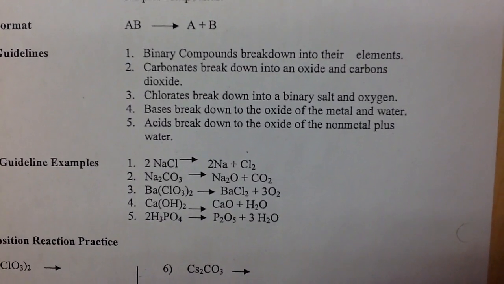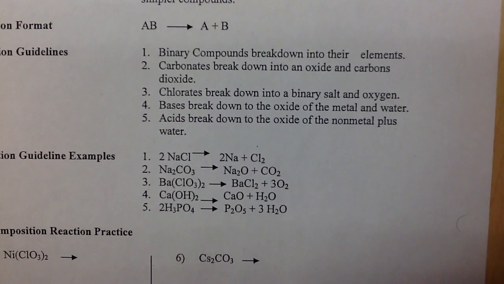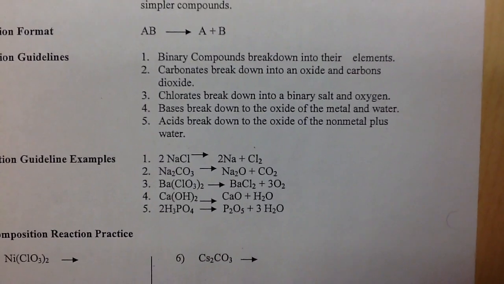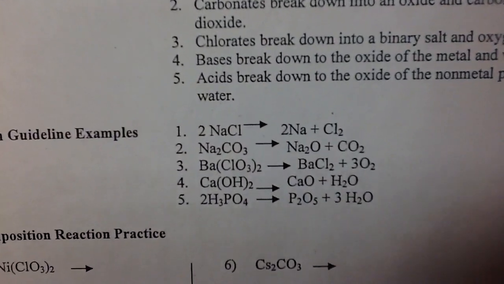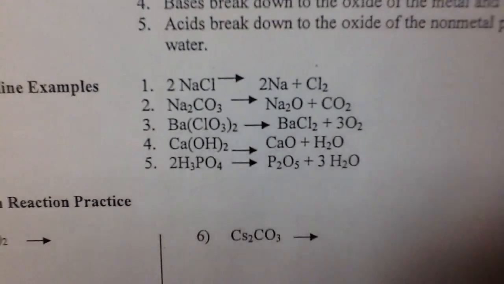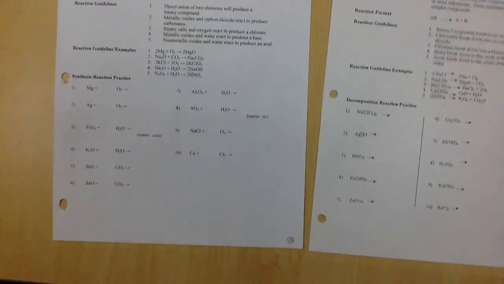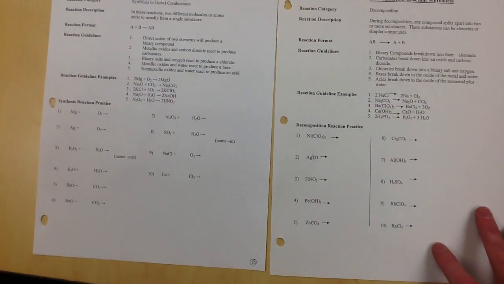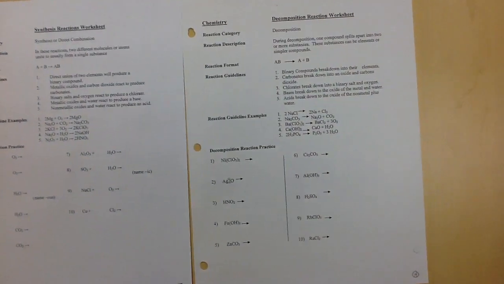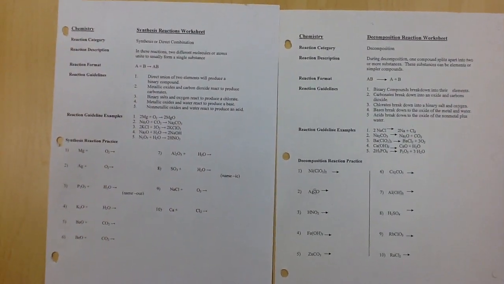And 5, acids break down to oxides of metal plus non-metal, or oxides of the non-metal plus water. So again, here are examples 1 through 5 of those types of reactions. If you look at these 2 pages, you would note that they are the exact same rules in opposition of one another.